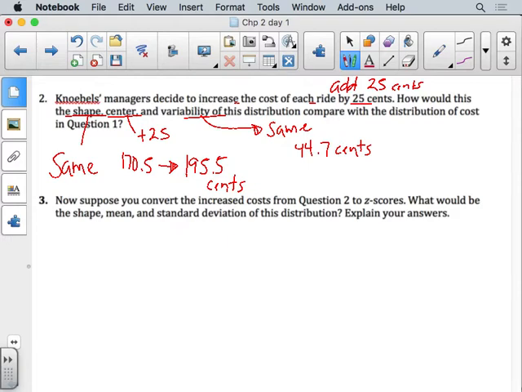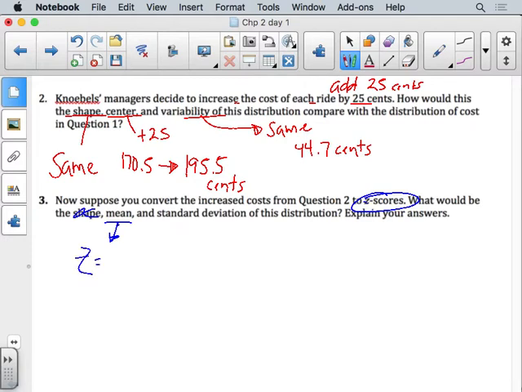Okay, now suppose you convert those questions from 2 to z-scores. I converted every single number to z-scores. What would the shape be? What would the mean be for a z-score?